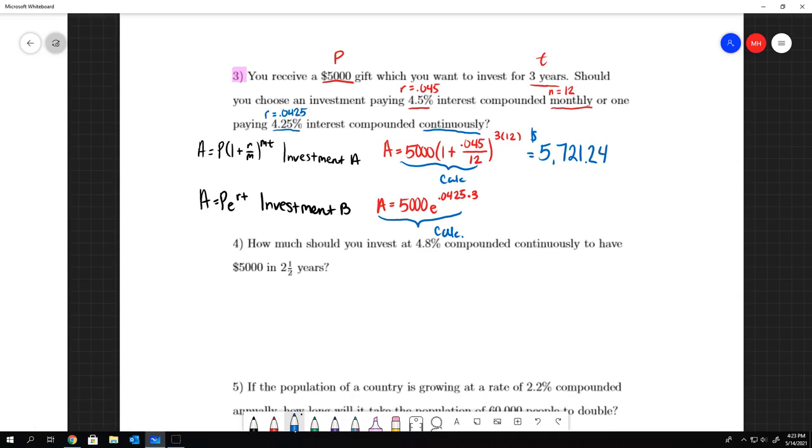And investment B tells us that we will have $5,679.92.